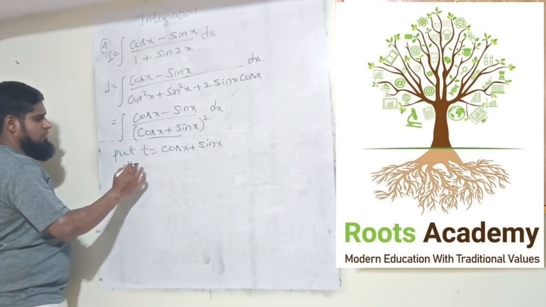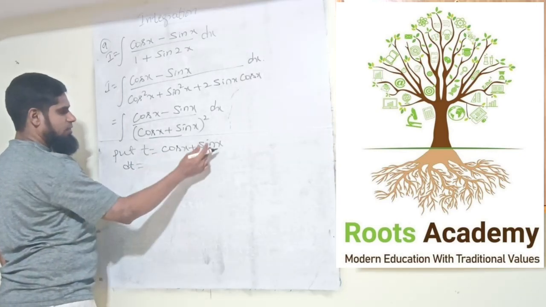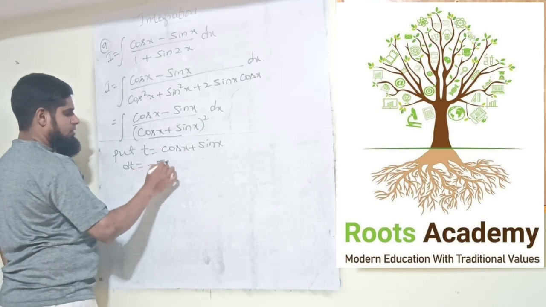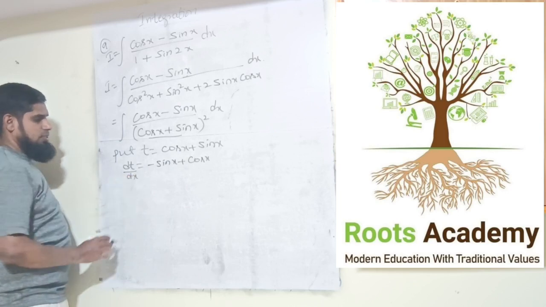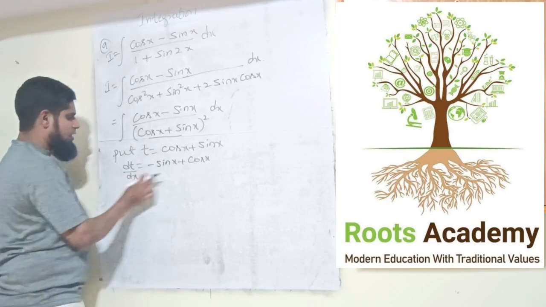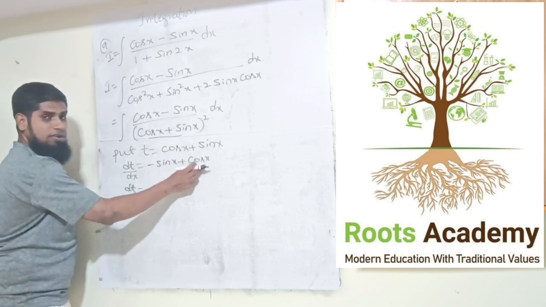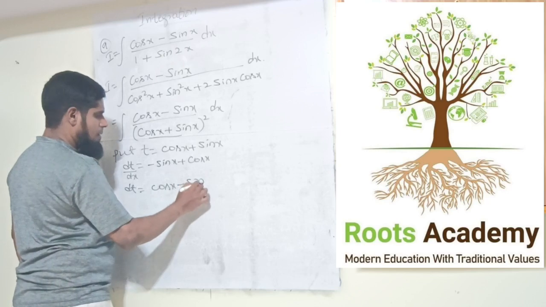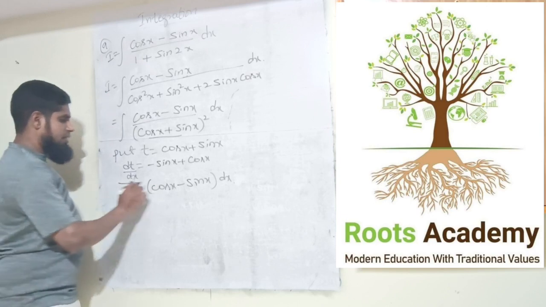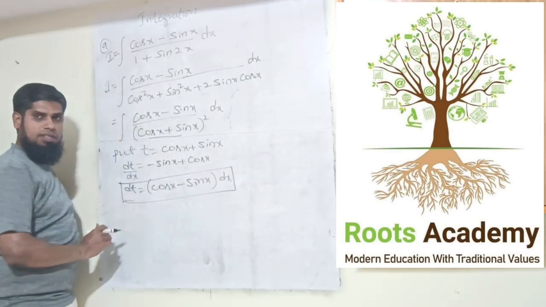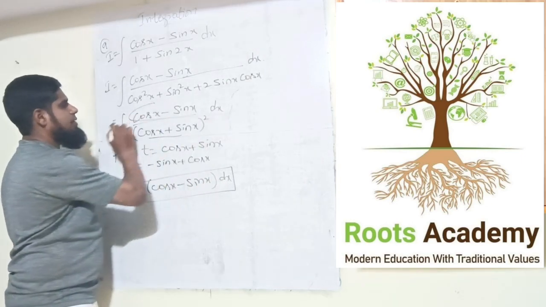If we differentiate this, directly, the cos x derivative is, first, minus sin x plus cos x, dt by dx it is. Now if I write in proper order and cross multiply, I will get dt equals cos x first, then minus sin x into dx. So what is the value of dt? The value of dt in this problem is cos x minus sin x into dx. So this is there in our numerator.